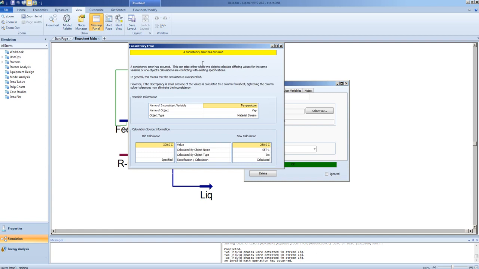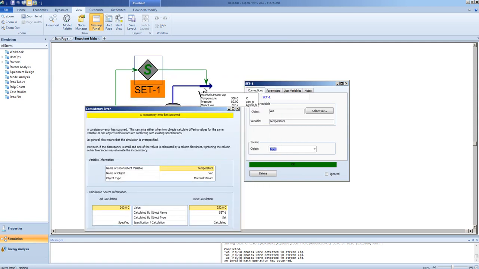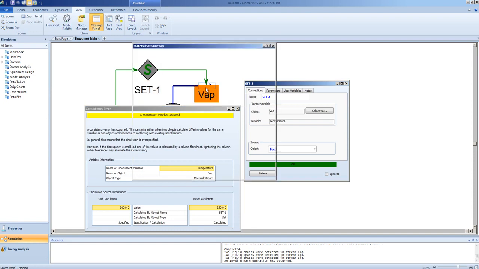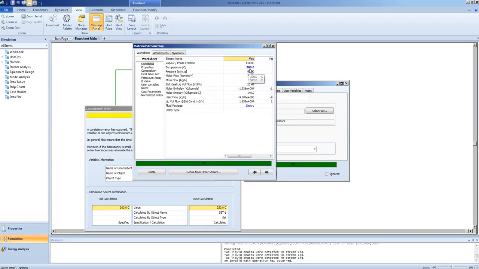and the source object is the feed temperature. Now note, a consistency error has occurred. That is because we had previously entered the information about the temperature in the vapor stream. Remember, we had set that to 300. Note it is blue. It is data entered.